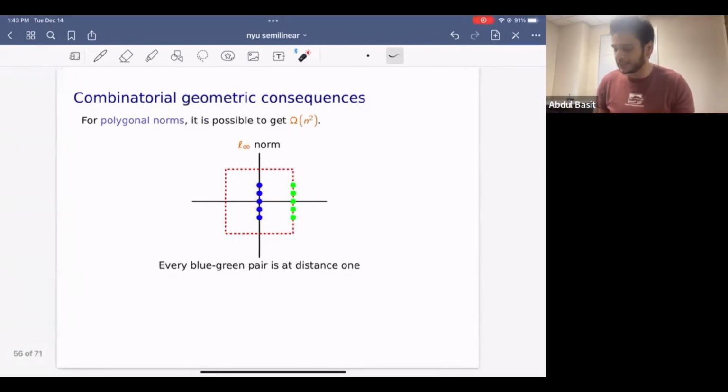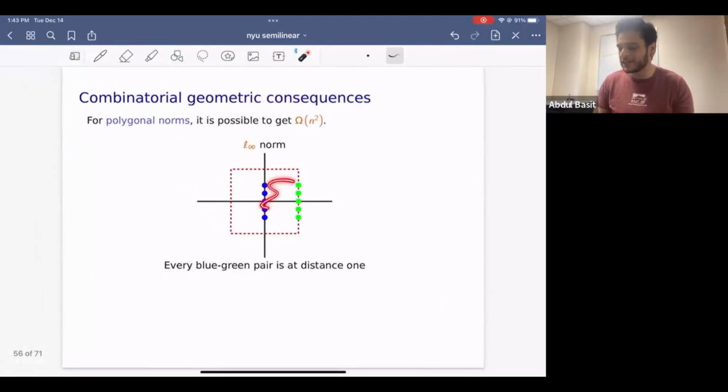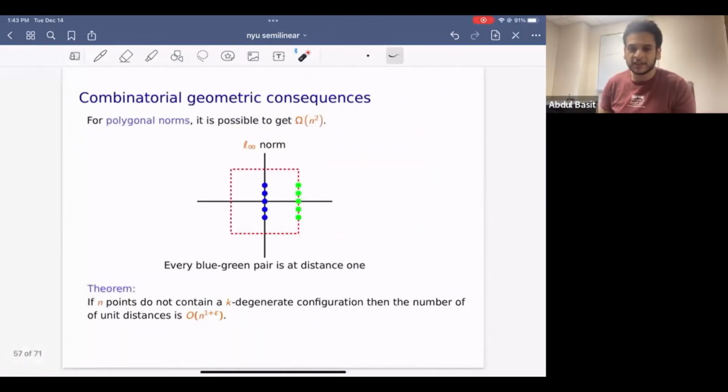What we end up saying is, if you don't have a degenerate configuration like this, then you get an almost linear number of unit distances. So there's a theorem that for L1 and L-infinity norms you can get n squared, and that's the best possible, but as soon as you stop this configuration from happening, we can basically drop down to almost linear.